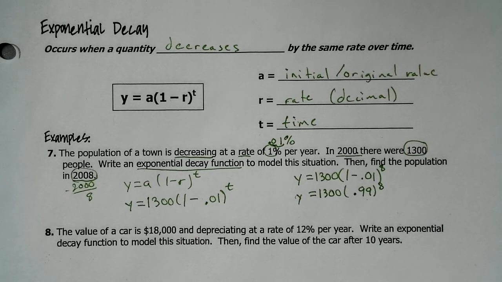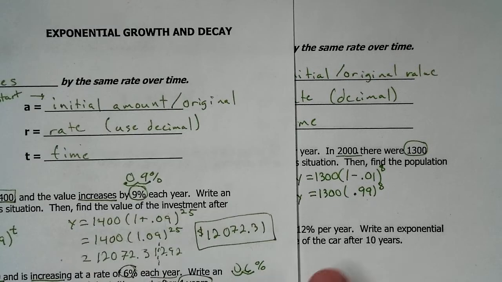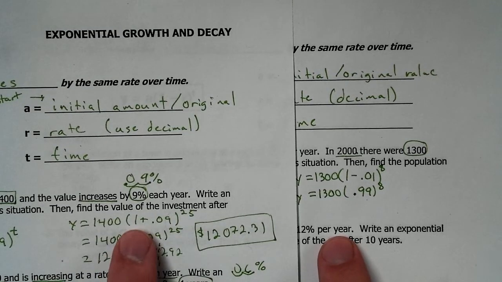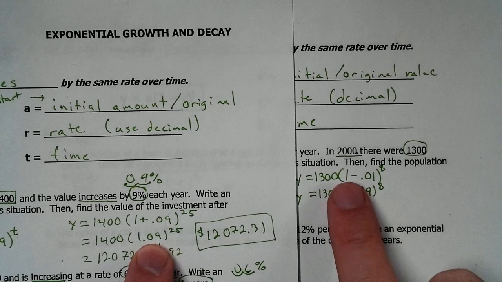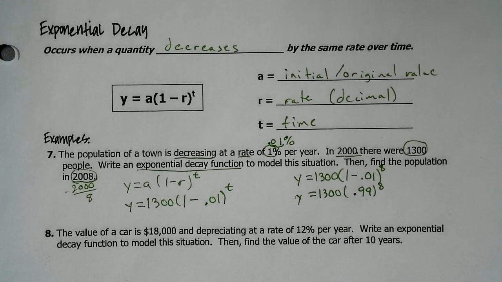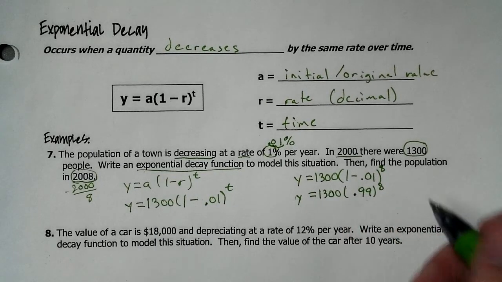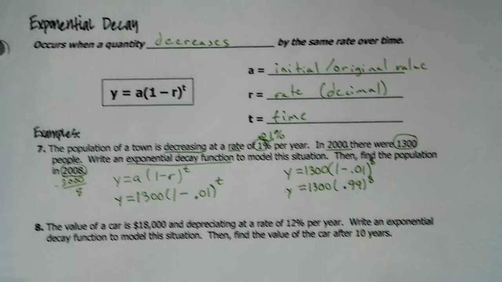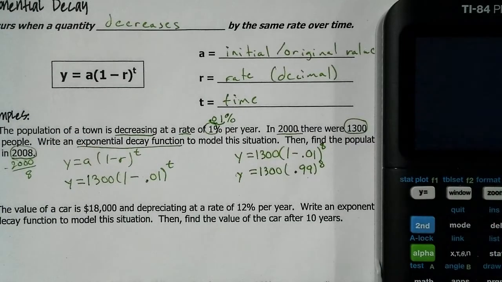So on yesterday's notes, anytime we combined them, we got a value bigger than 1. So like in our first example, we added 1 plus the rate and we got something bigger than 1. Today, when you do 1 minus the rate, you're getting a number smaller than 1. So now we're just going to plug it in and see what we get.